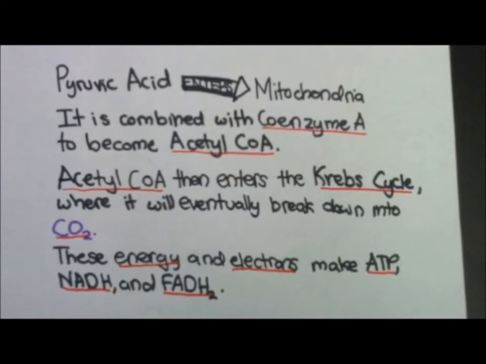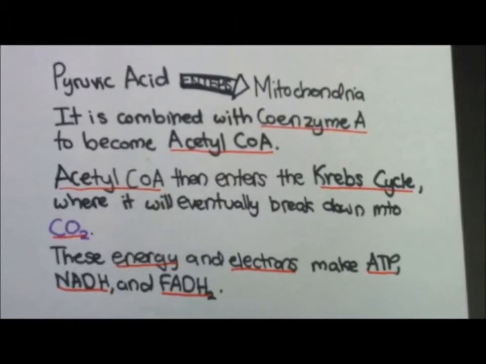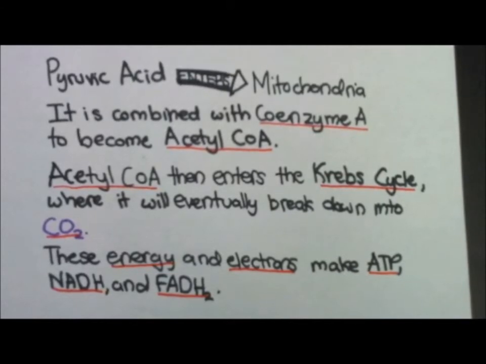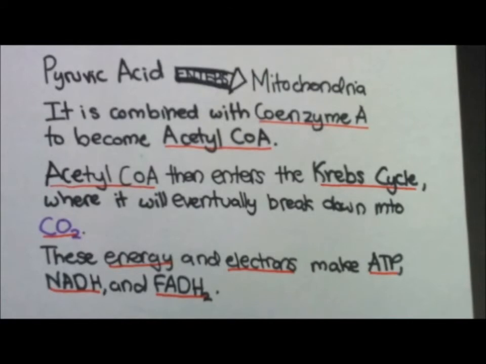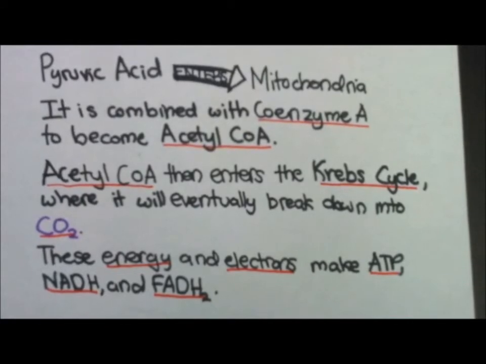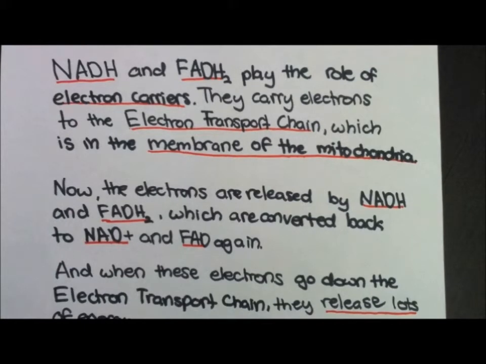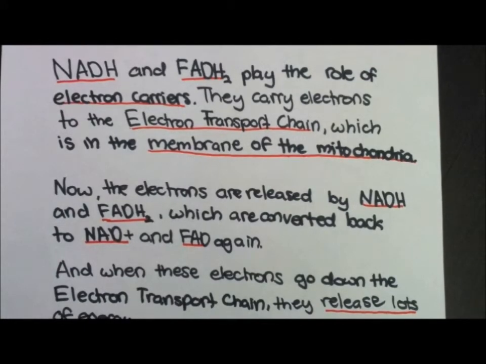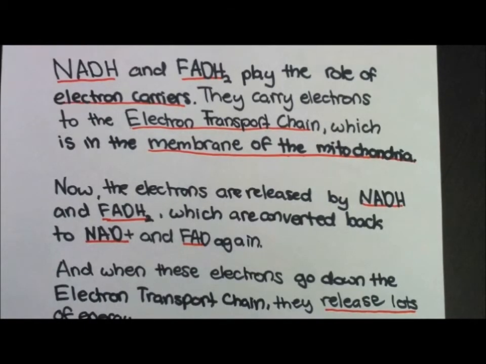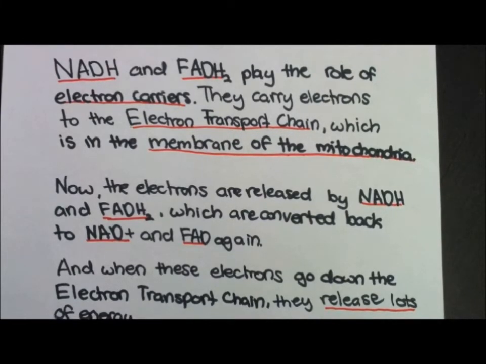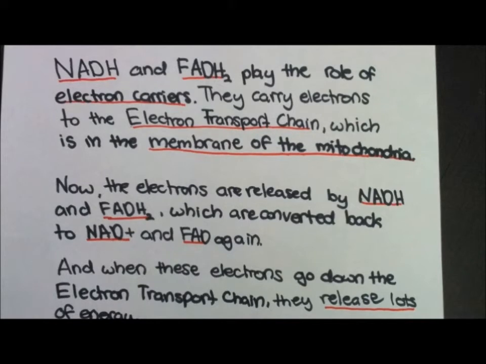Acetyl-CoA then enters the Krebs cycle, where it will eventually break down into CO2, releasing energy and electrons. These energy and electrons make ATP, NADH, and FADH2. Playing the role of electron carriers, NADH and FADH2 carry electrons to the electron transport chain, which is located in the membrane of the mitochondria.